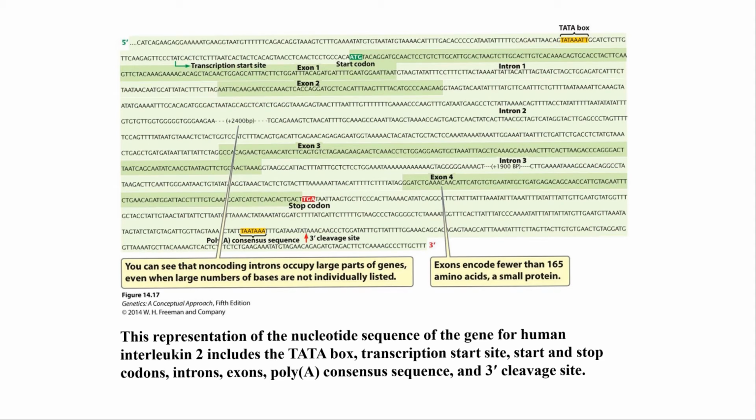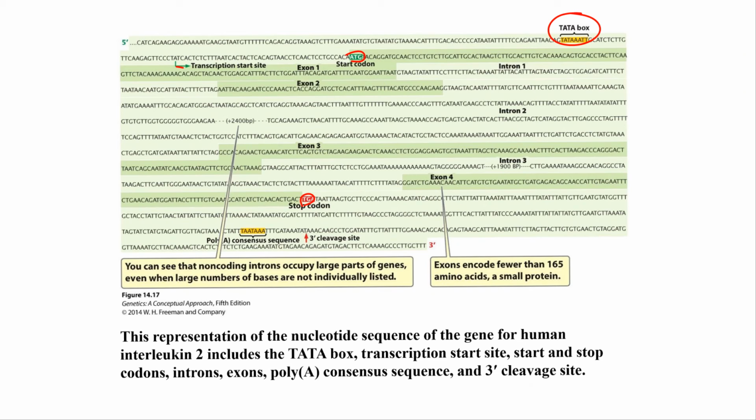The simple gene is outlined here, and you can define the promoter. In the promoter, you can see the TATA box, TBP binding regions. Afterwards, you can see the transcription start site, exons, and introns. You can also define within this sequence the start codon and stop codon.